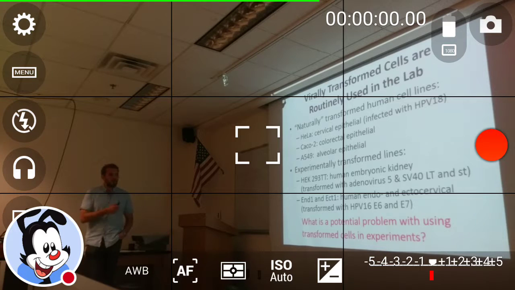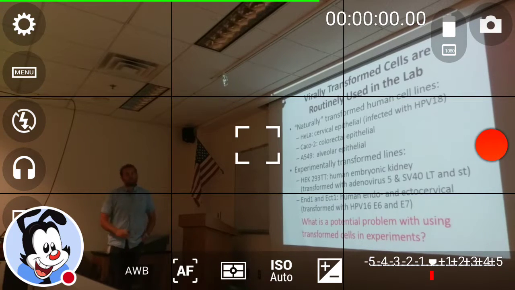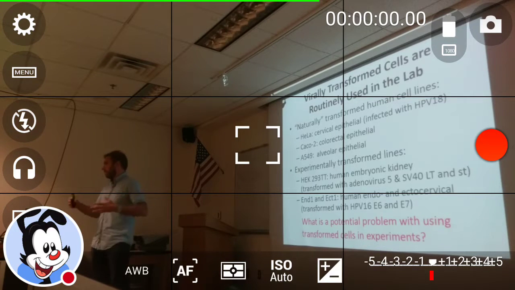So we talked about these viruses and the HeLa cells that I was playing when you guys came in. So there are naturally transformed cells. These are cells that were infected in a patient, we took them out of a patient and they kept on growing, right? Then there are cells like 293Ts, those are ones that we took out of a patient and then put an oncogene in them to keep them replicating.